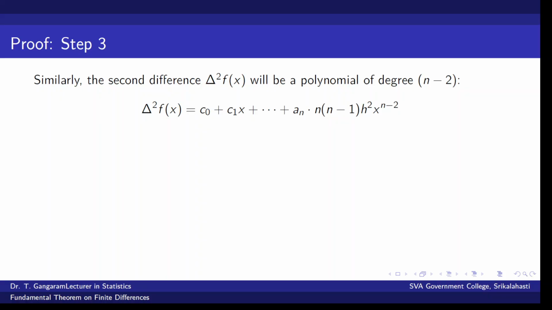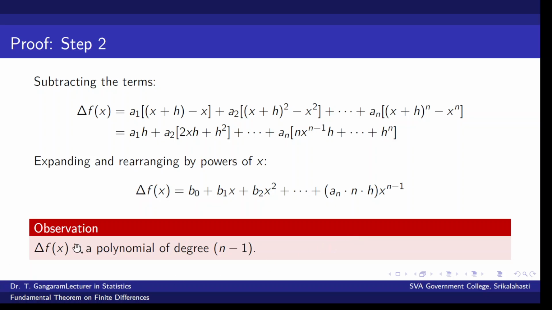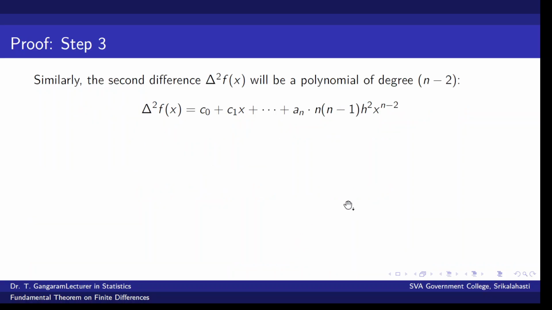Similarly, let us find the second difference, that is delta square f of x. Delta power 1 is a polynomial of degree n minus 1 and delta square is a polynomial of degree n minus 2. Now, delta square f of x can be written as the first term C0 constant term, C1 x coefficient C1.